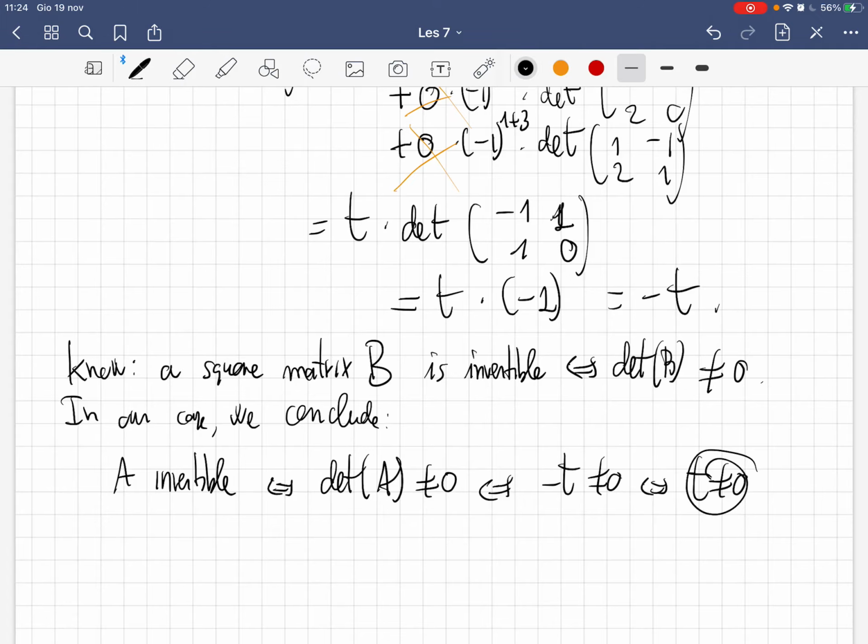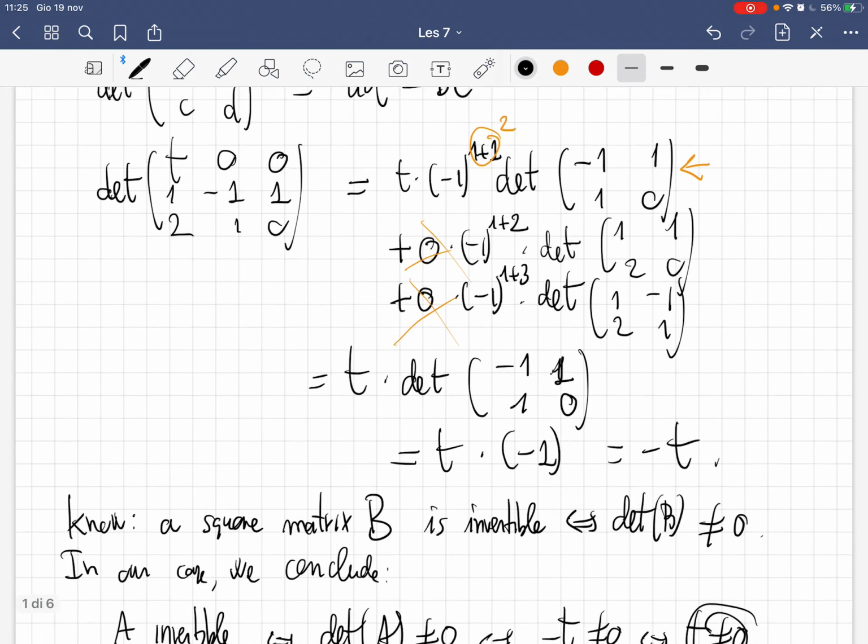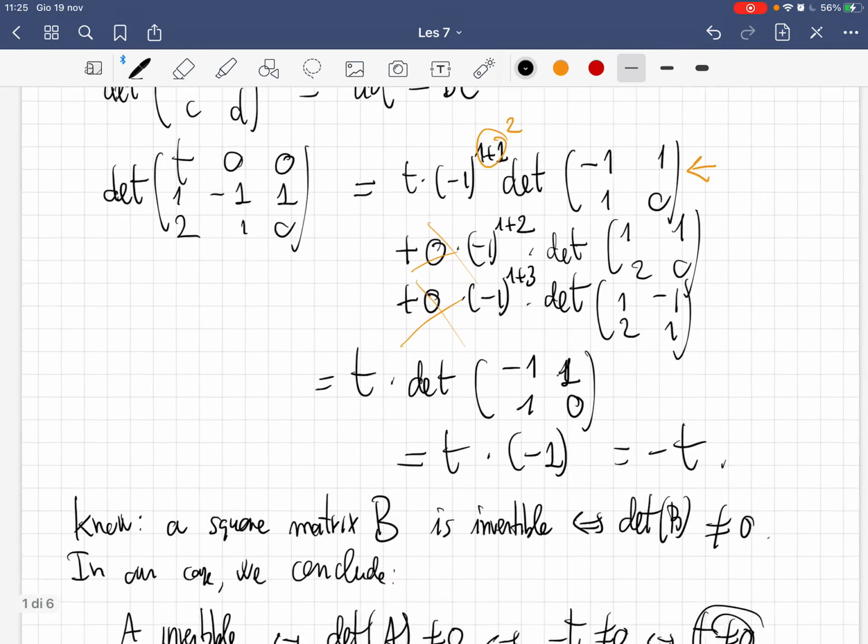So this is the condition. Okay, very good, and that's for the first point.